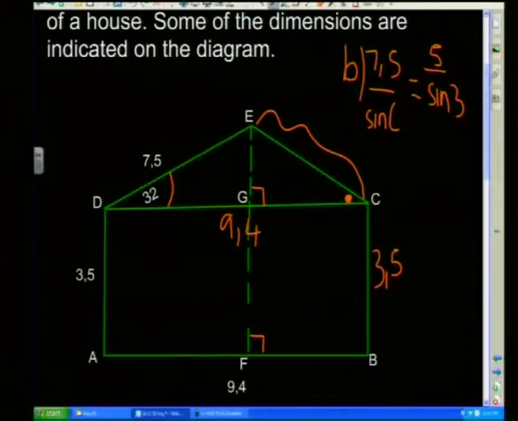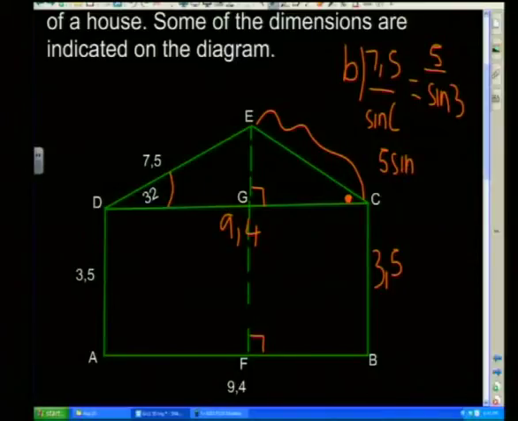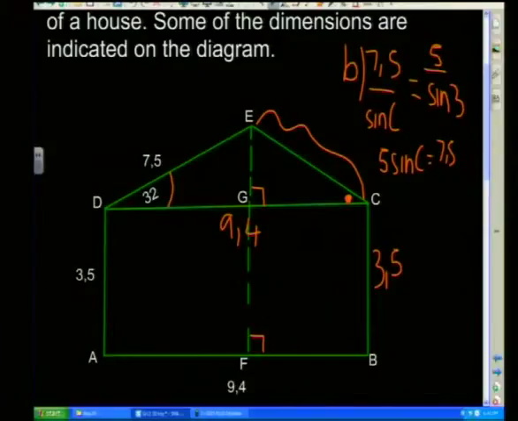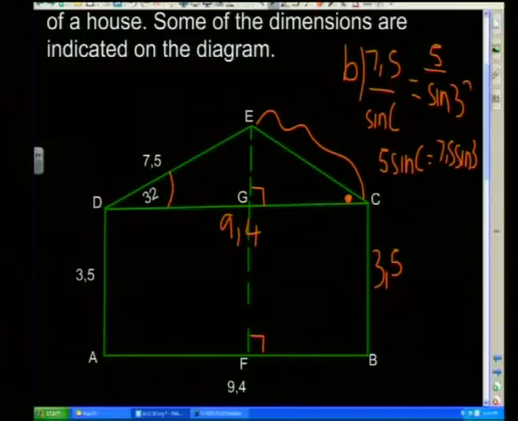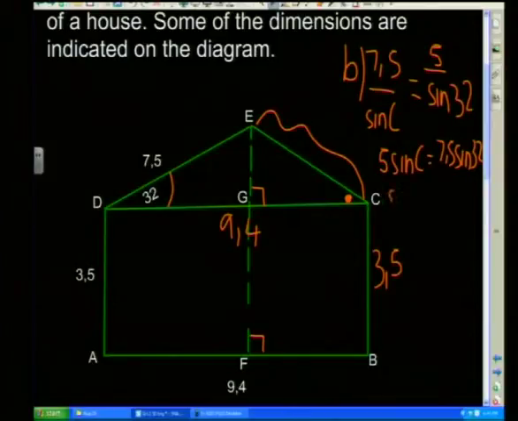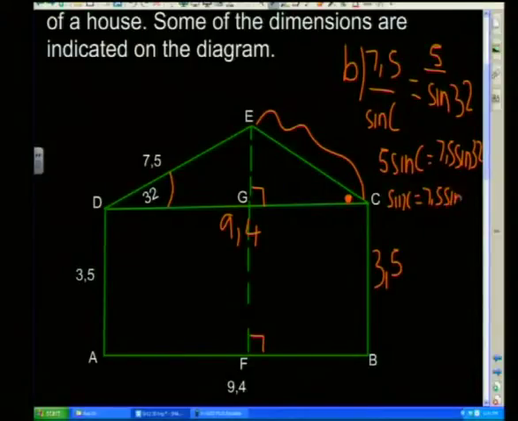I'm looking for angle C, so if I cross multiply, I'll get 5 times sine of C is equal to 7,5 times sine 32. So therefore sine of angle C is 7,5 sine 32 all over 5.